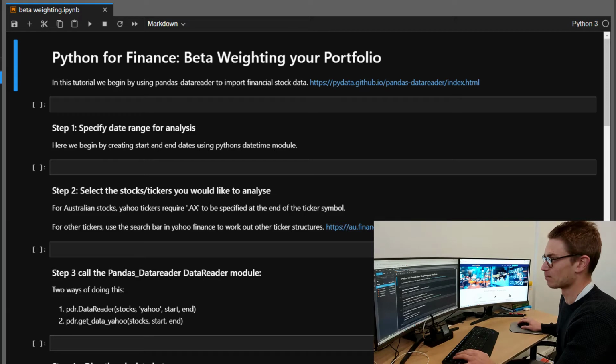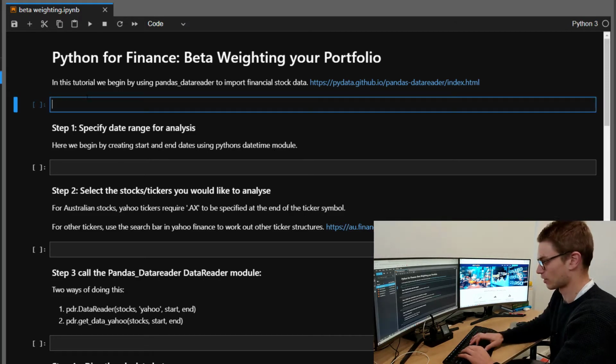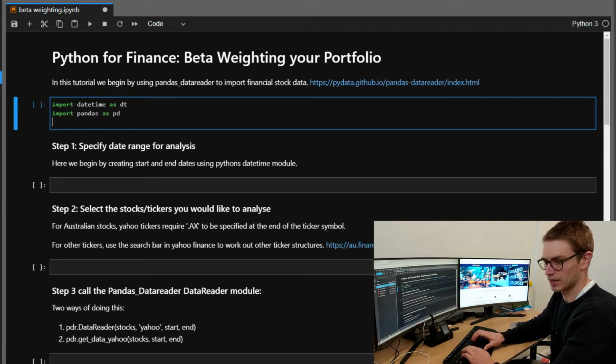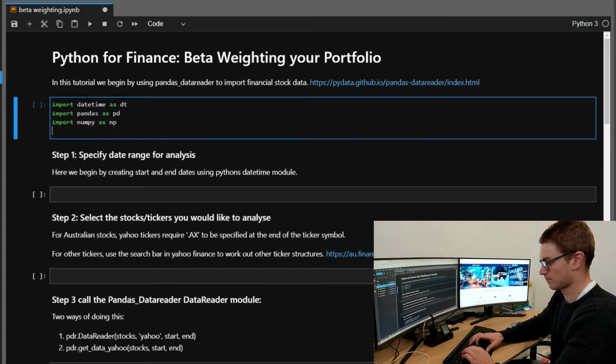Let's start by importing the dependencies. So for this we're going to need to import datetime as DT. We're going to need to import pandas as PD. We're going to need to import numpy as NP. We're going to go from scipy.